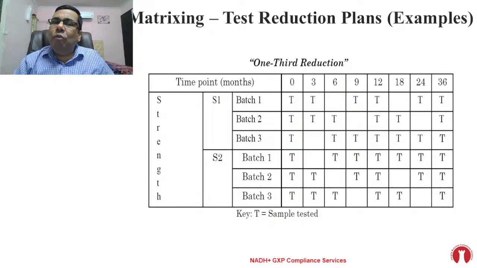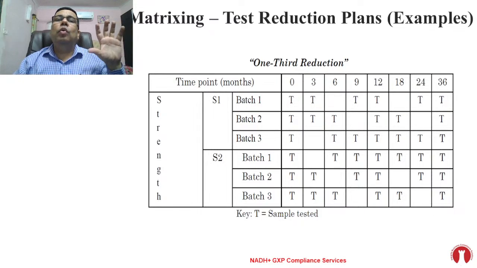As per the requirement, again it is followed the same. At 0, at 12 and at 36, you can see that all samples are tested. Now where do we perform the reduction plan? We perform the reduction plan at 3, 6, 9, 18 and 24.